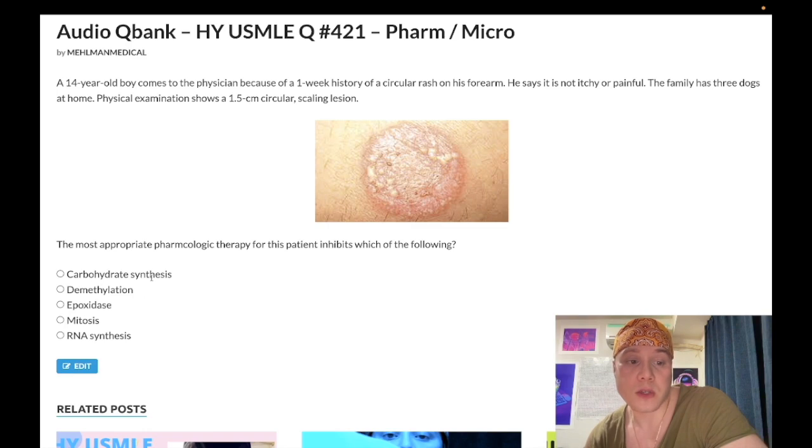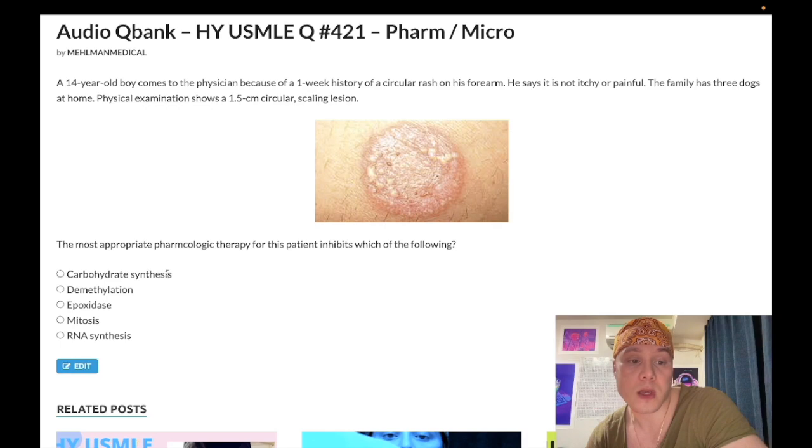Choice A, carbohydrate synthesis, wrong answer. This refers to echinocandins, caspofungin and micafungin. They inhibit beta-1,3 glucan synthase, carbohydrate cell wall synthesis. In contrast, ergosterol is the fungal equivalent of cholesterol, which is in the cell membrane instead. Amphotericin B and nystatin poke holes in the ergosterol membrane.